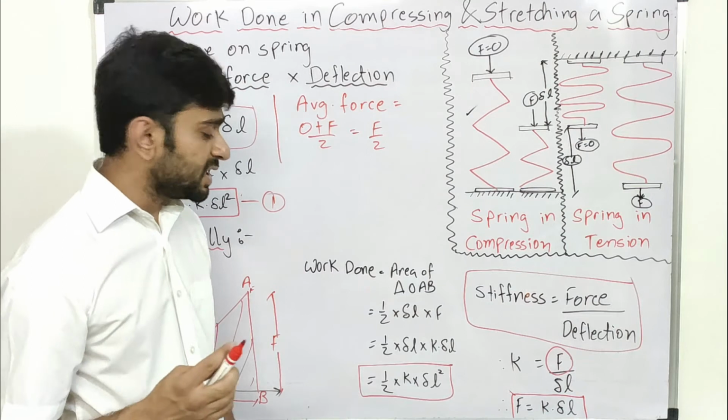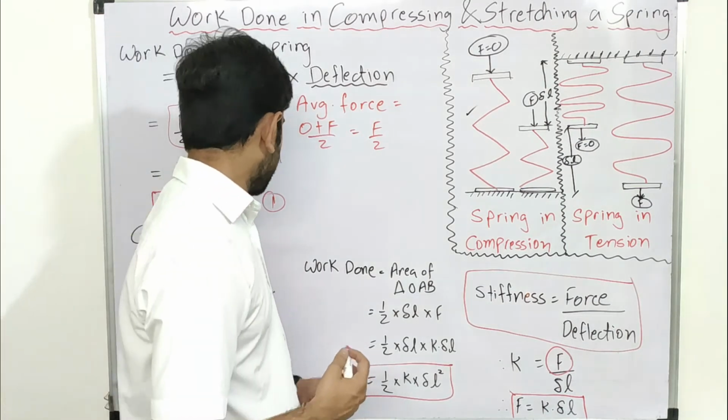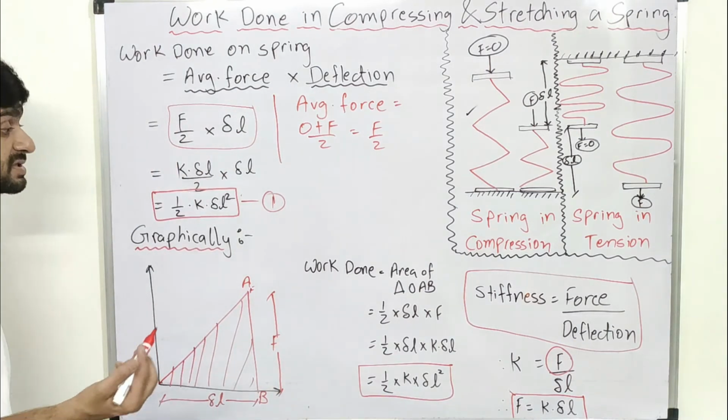We know that area of the triangle will be equal to the work done according to force displacement diagram. So how can we find the area? Half into base into altitude, as simple as that.